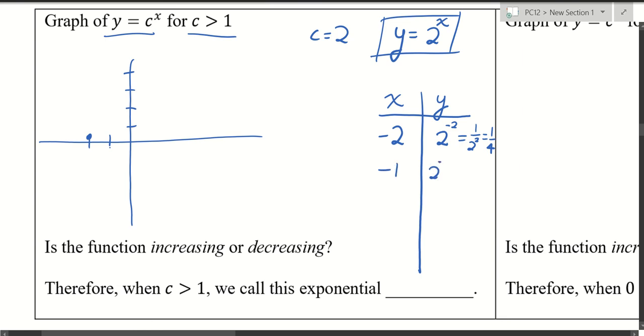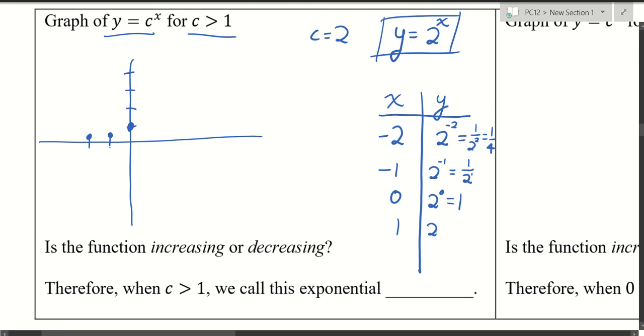That'll just be 2 to the minus 1, which is really just 1 over 2 to the positive 1, which is just 1 over 2. So here, I'll plug in at negative 1 and we get positive 1/2. If we put in an input of 0, that's just 2 to the 0, which is positive 1. So there's our next ordered pair plotted on our x and y coordinate grid.